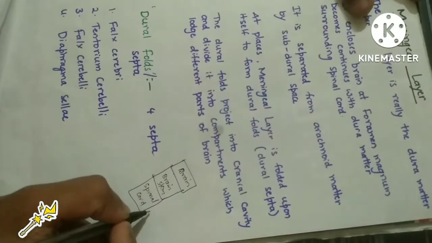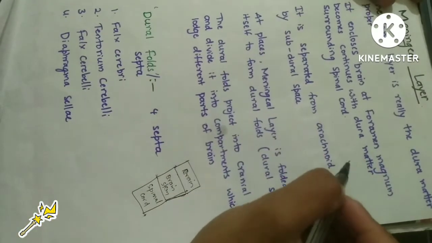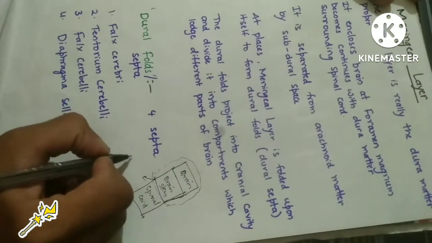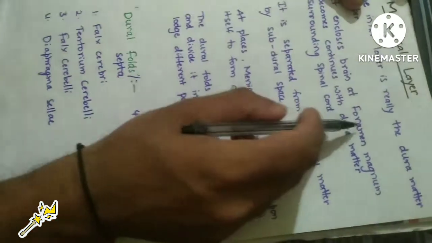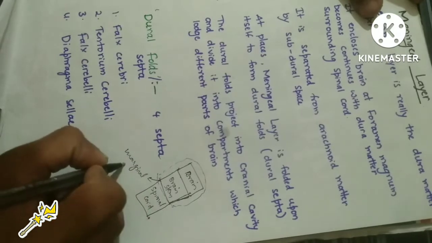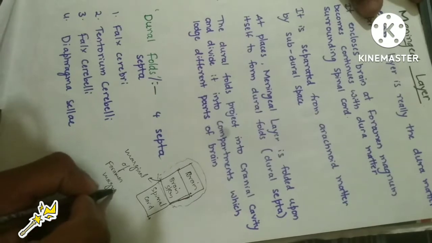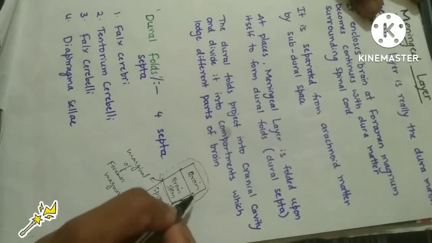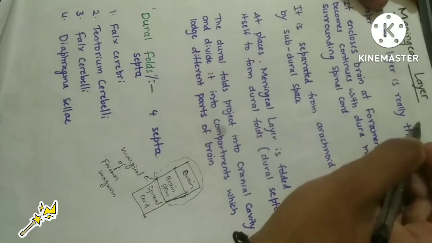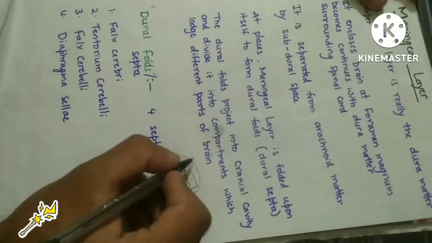Now, what matters here is that the outer endosteal layer is going to cover only up to the margins of the foramen magnum, whereas the meningeal layer is going to cover the whole, that is the brainstem and the spinal cord.